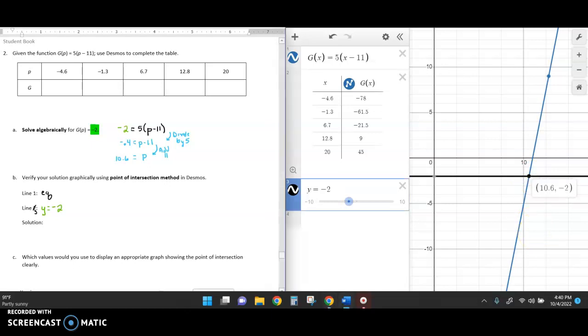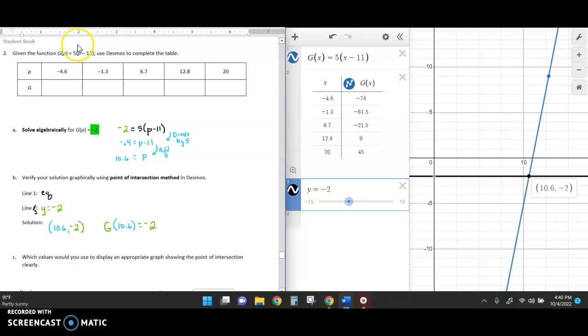And so I know that the input is 10.6, and the output is -2. That's writing it as an ordered pair. If we wrote it in function notation, we would say g of the input that we found, 10.6, and then that equals the output of -2.